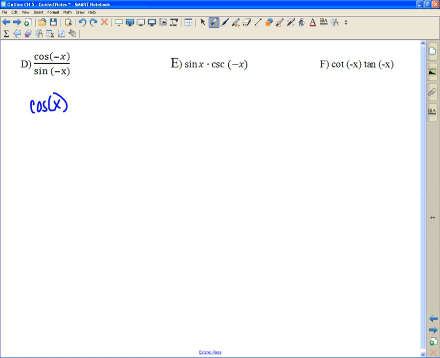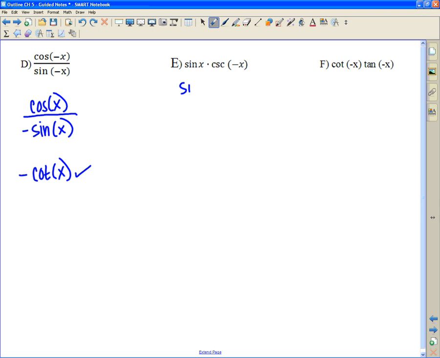It stays positive because it's even. When you look at sine of negative x, the identity there, the odd function, is that the negative comes out in front of the sine. Finally, we know that a positive divided by a negative is a negative, and a cosine divided by sine is cotangent. Negative cotangent's the answer.